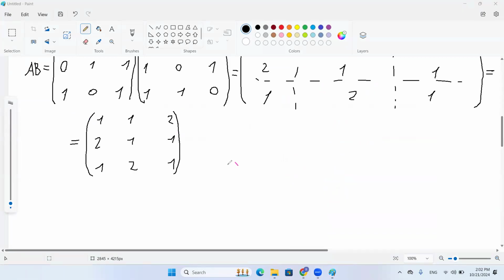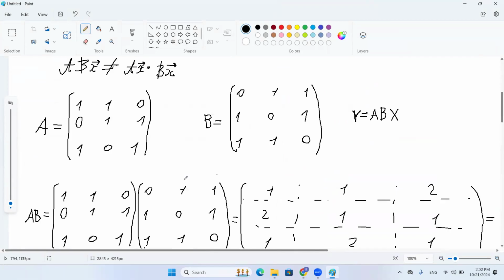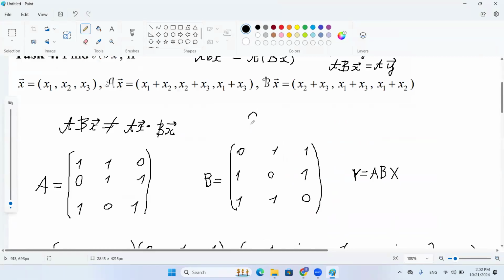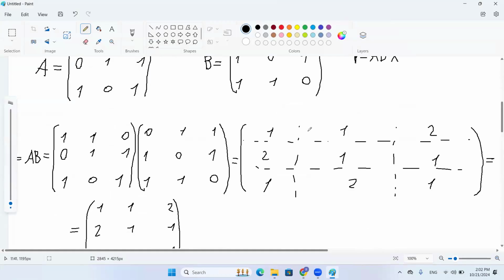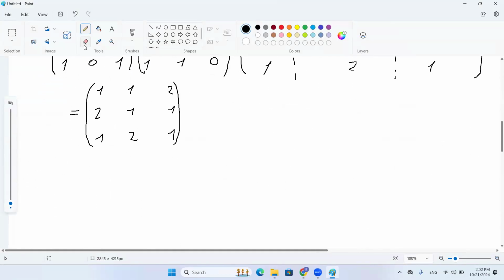Now let's multiply x by this matrix. We also can, by the way, mark it as C. We can define operator C, which is a product of operators A and B. Why not? Okay. So multiplying x by this matrix. No. We multiply matrix by x.